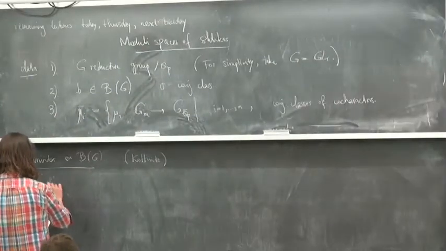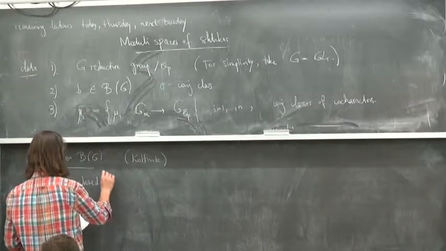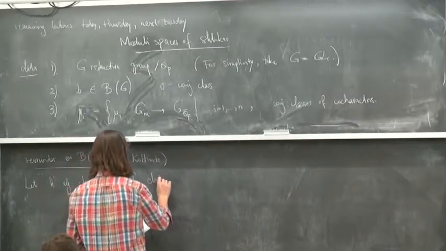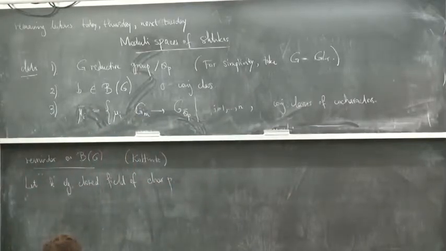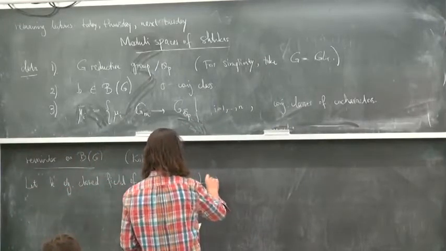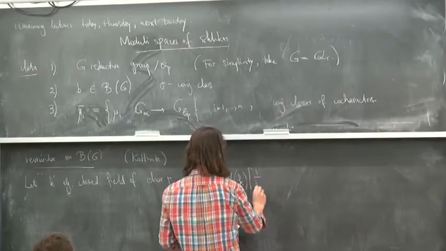So for this, let me take k, any algebraically closed field of characteristic p. It could be F_p bar, but it could be anything. And so L will be the fraction field of the Witt vectors, W(k)[1/p].